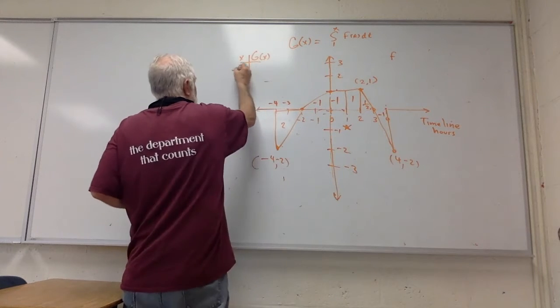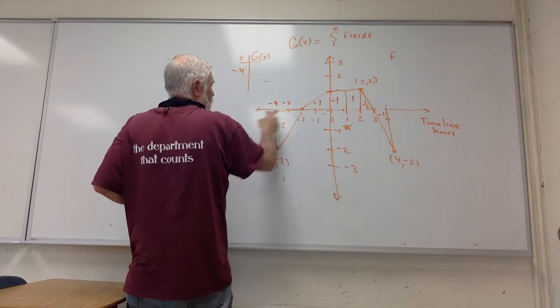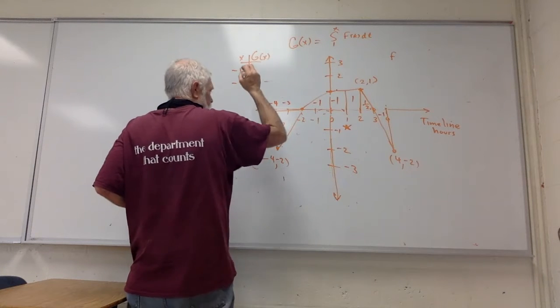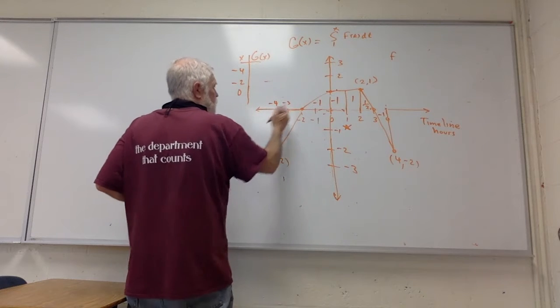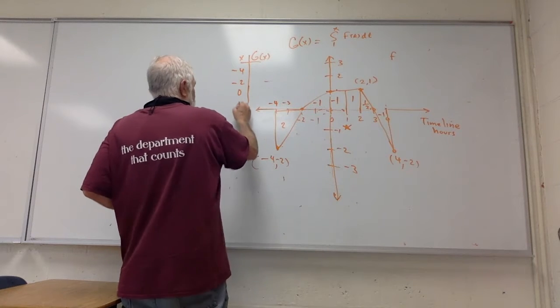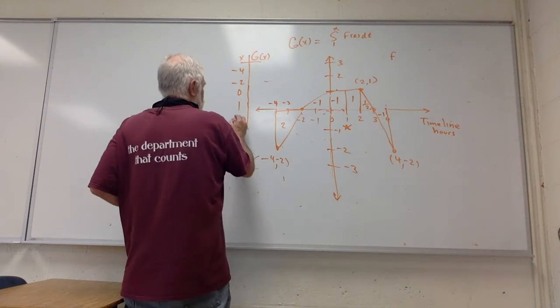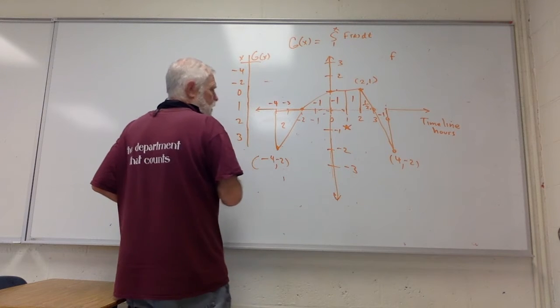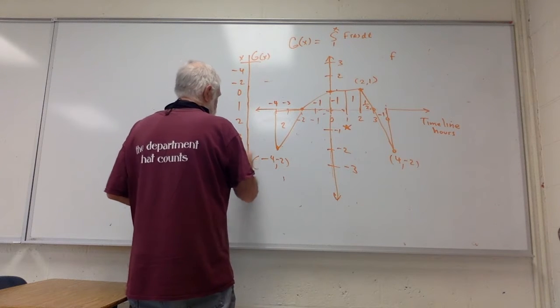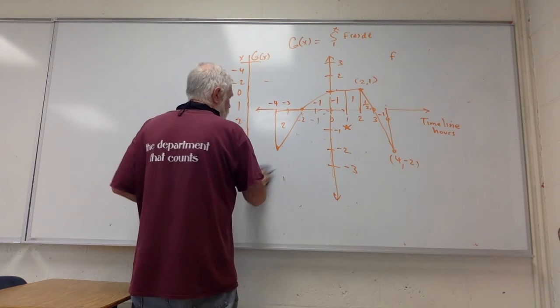Let's see, I might ask negative 4. I could ask negative 3, but I probably wouldn't. Probably ask 0, on all of those connecting places. 1, 2, 3 certainly is important, and 4. Okay, so those are the important places.